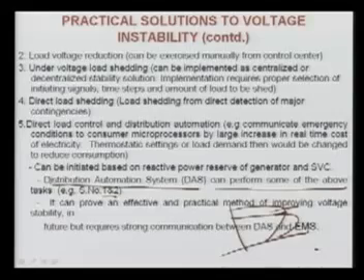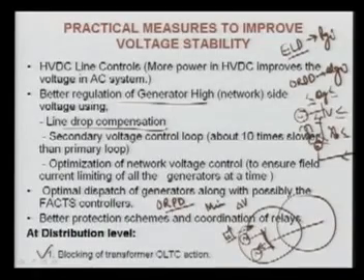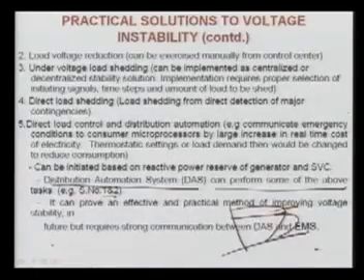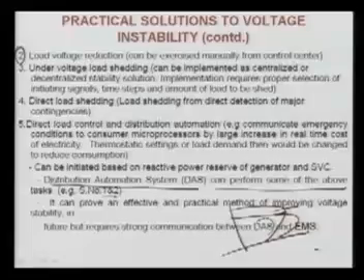Number 1, as I said, is the OLTC, here the blocking of the transformer OLTC action, and we are always talking about the reverse action. The second one is the load voltage reduction scheme, which can be done. This DA system can also prove an effective and practical method for improving voltage stability in the future, but it requires strong communication between the DAS and the EMS.